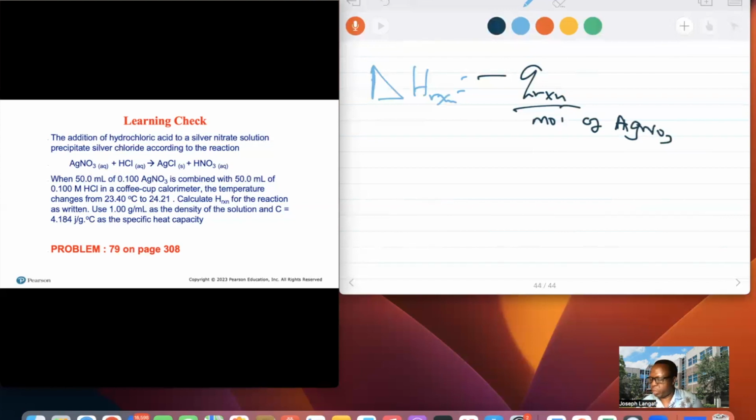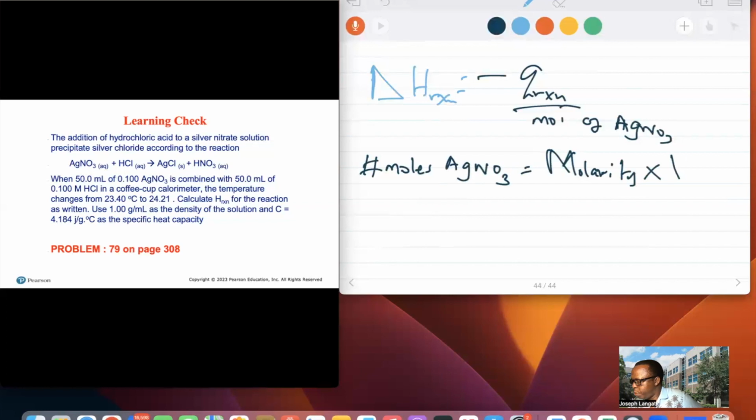Let's use silver nitrate. The number of moles of AgNO3, as we learned earlier, is given by the molarity times volume in liters.